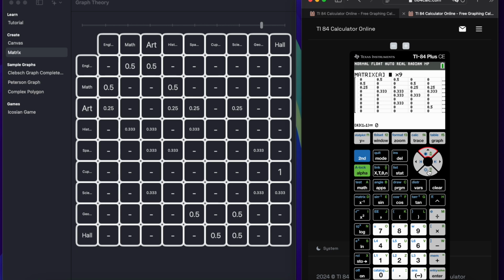Okay, now I have inputted all of the values for my transition matrix into matrix A. So the next step is we're going to compute the 7th power of this matrix.